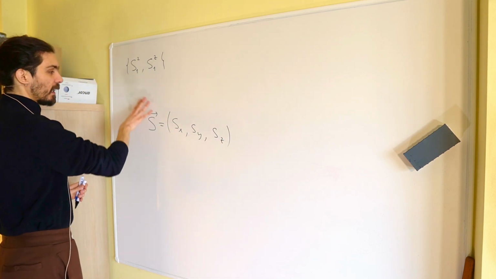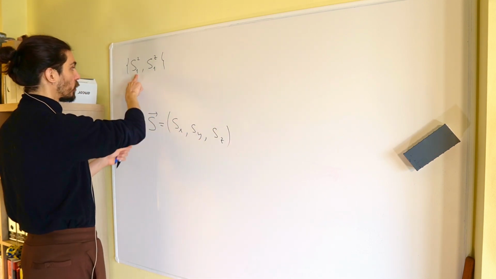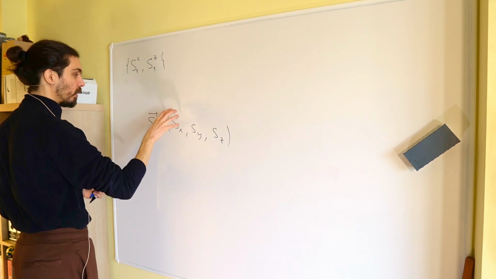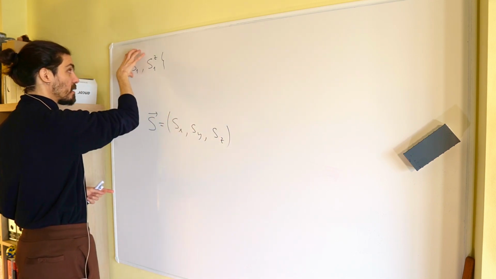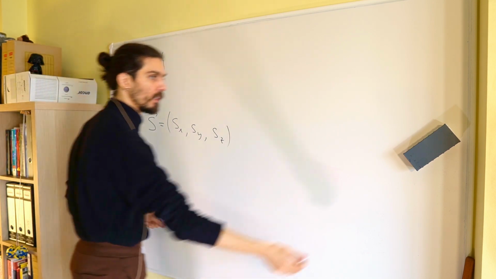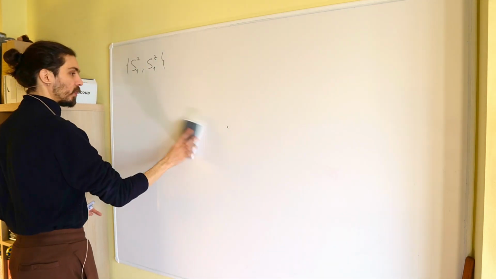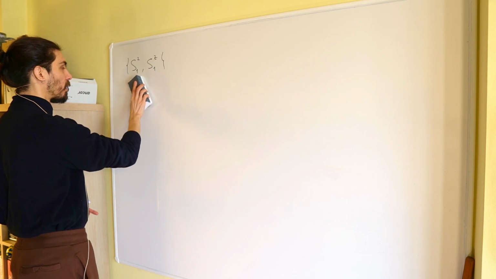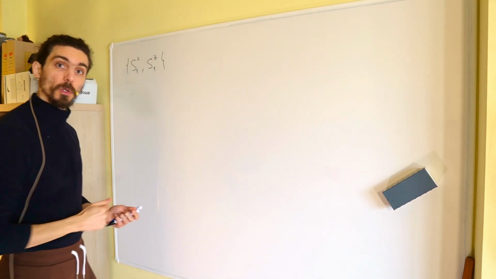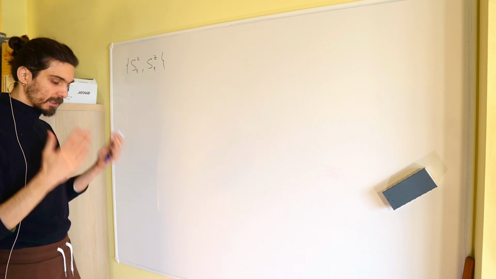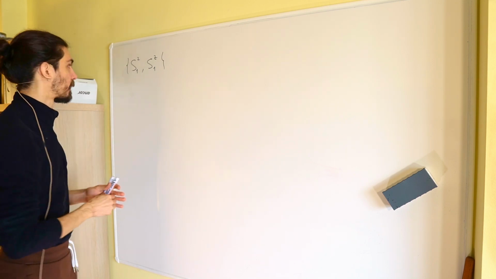For this case, I'm going to pick the magnitude, so S1 squared, which is Sx squared plus Sy squared plus Sz squared, and the z component of it. So from the last lecture, I'm going to pick these two operators because they commute, so you can find a set of common eigenstates.